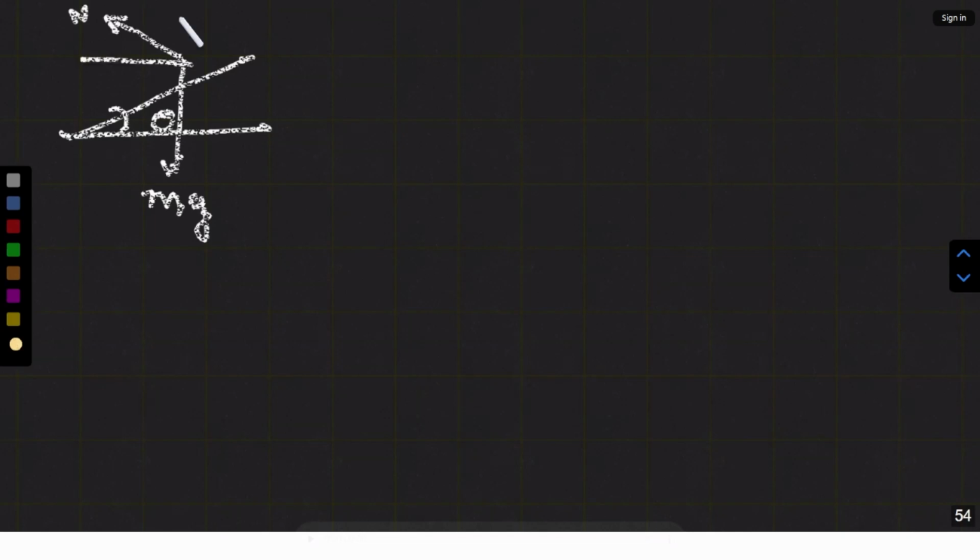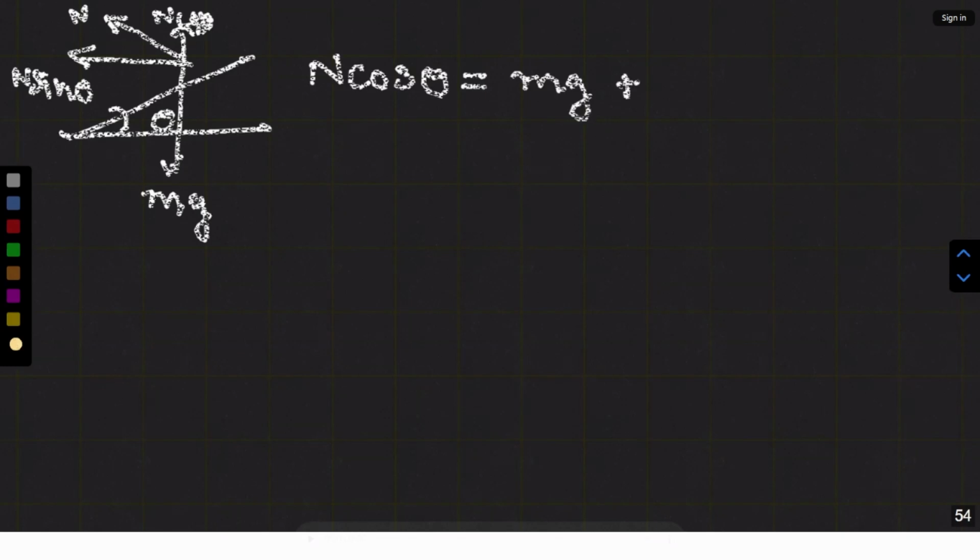And then this side I have my N sine theta, and here I have my N cos theta, okay? So basically, what I can say is total upward force, that is N cos theta, is equal to mg plus f sine theta. And what is f over here? Our friction. Okay, this is our friction here.